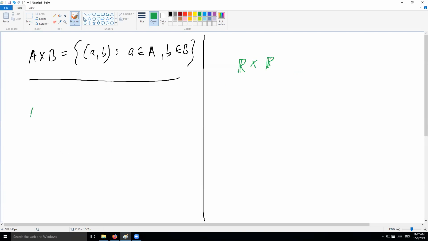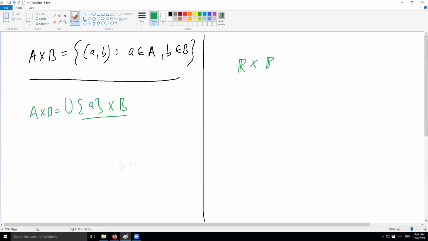By the way, A cross B can also be written in this manner: pick an element from A and compute its cross product with the entire B, and then take the union of all such sets.